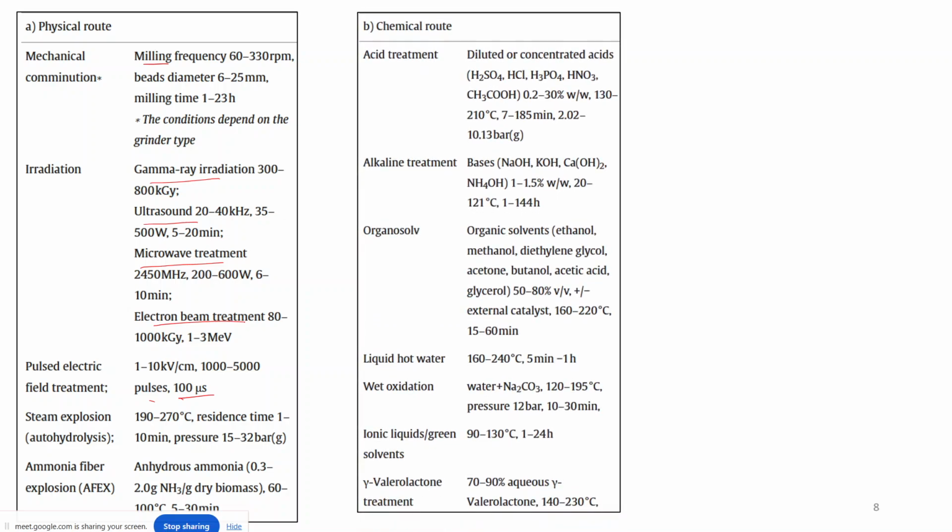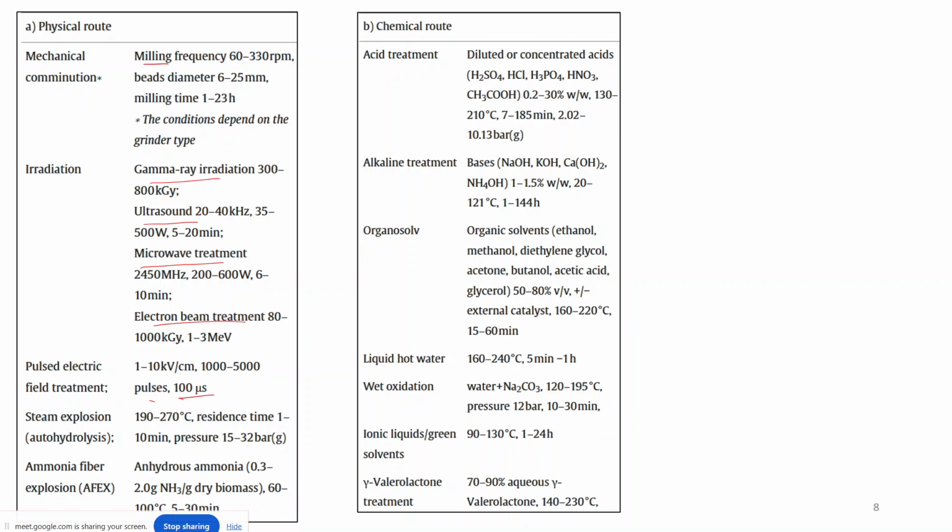The next is the chemical route, starting with acid treatment. In acid treatment, we can use diluted or concentrated acids like sulfuric acid, hydrochloric acid, phosphoric acid, nitric acid.